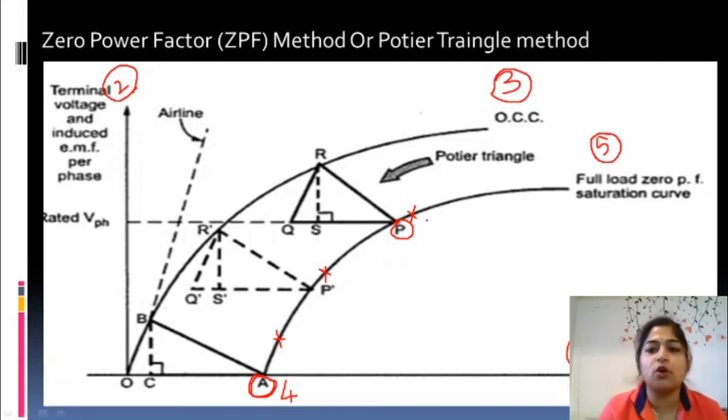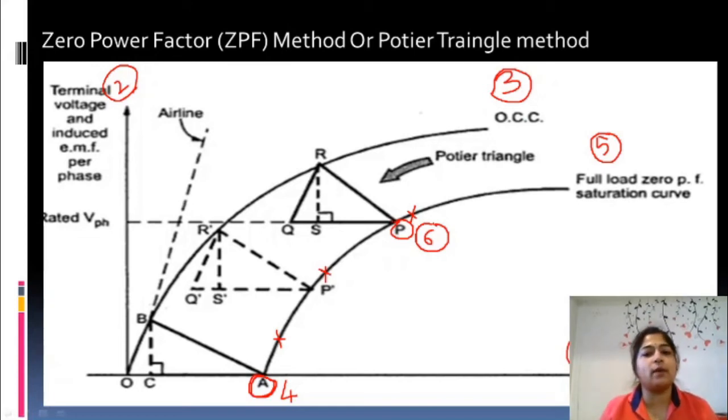Now the sixth step is to locate point P on the ZPFC at rated terminal voltage, for which we need to find out regulation.